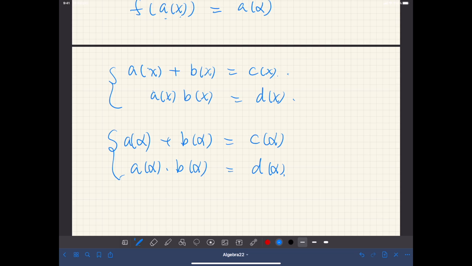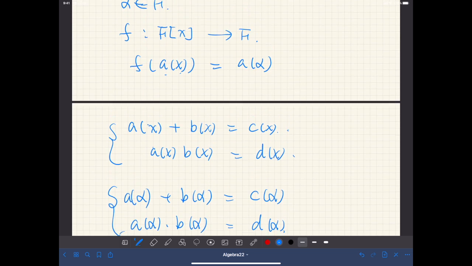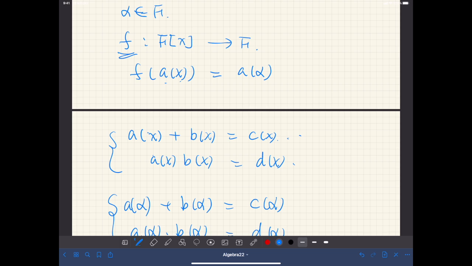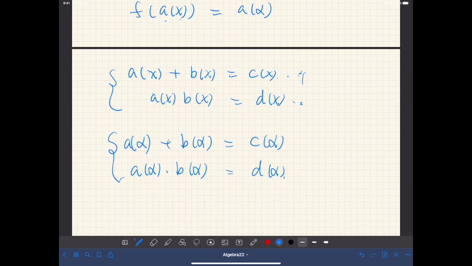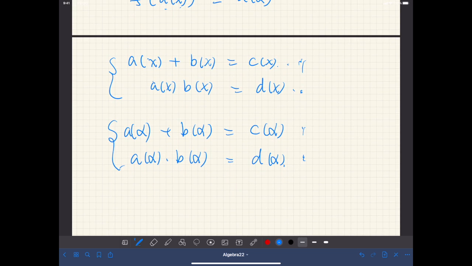So if we apply this mapping f to both sides of these equations, then we have this. So the addition is preserved and the multiplication is preserved.